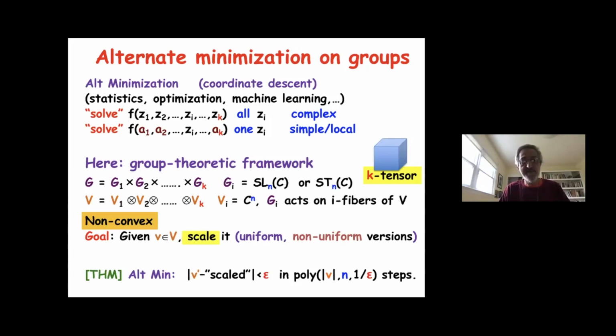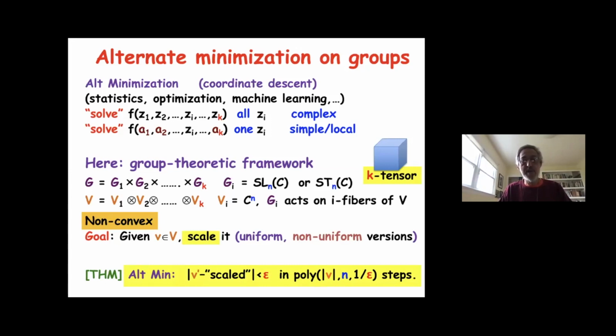And despite all of this, there's a theorem generalizing everything we saw before: if we alternate, solving the problem in each coordinate, which is easy to do, then in a polynomial number of steps in the relevant parameters, you get to something which is epsilon-scaled. We'll talk about proving this, as we proved it for operator scaling.